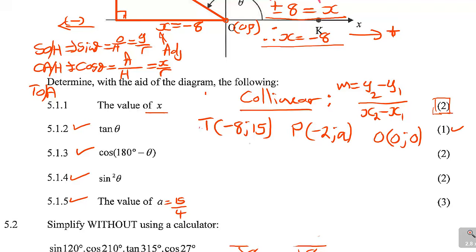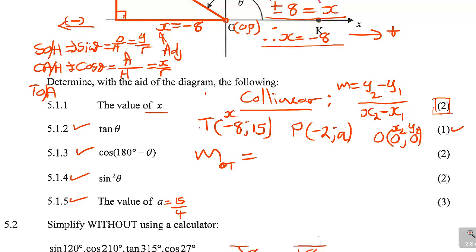So for collinear points, remember collinear points have the same gradient. So let's find the gradient M of OT, from O to T. It is equal to, now I'll make this my X2 and that my Y2.